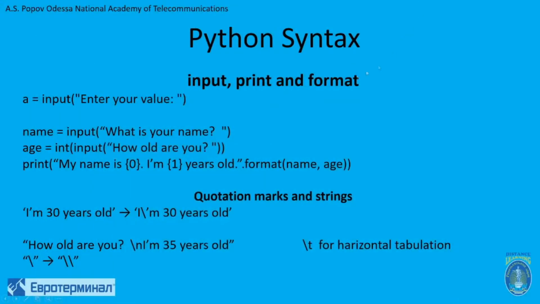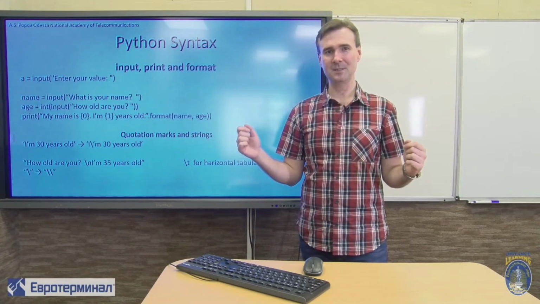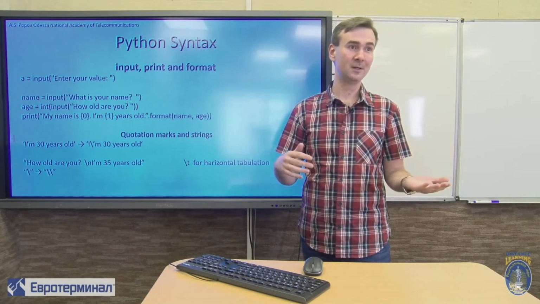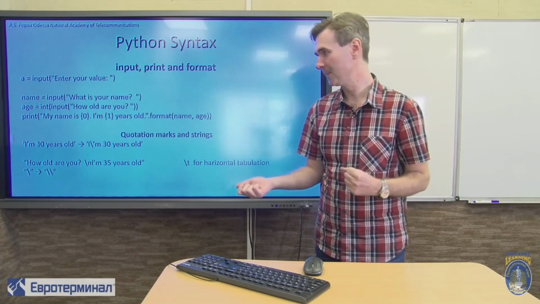Now let's proceed and work with quotation marks. You can use either triple quotation marks, double quotation marks, or single quotation marks. If you use triple quotation marks, then inside those you can freely use double quotation marks and single quotation marks.